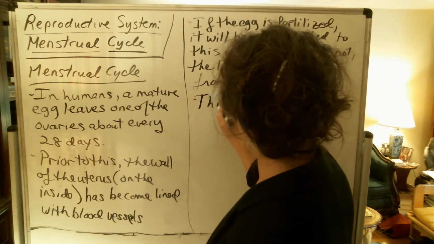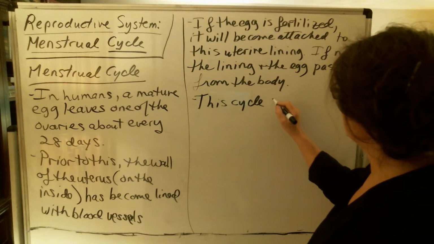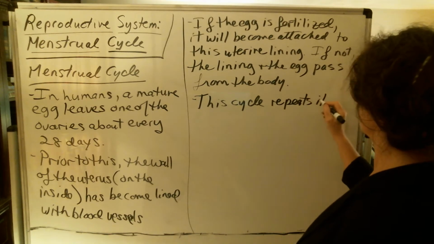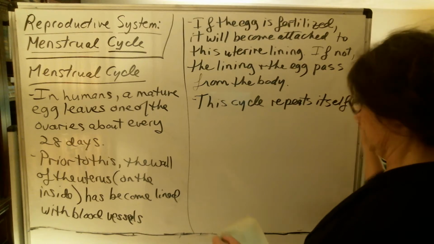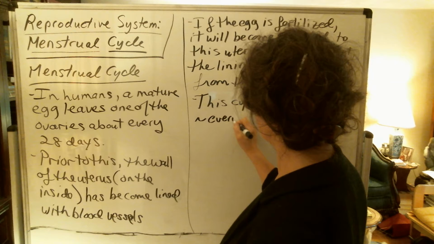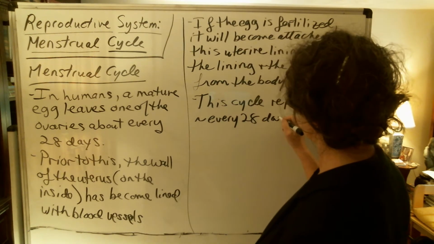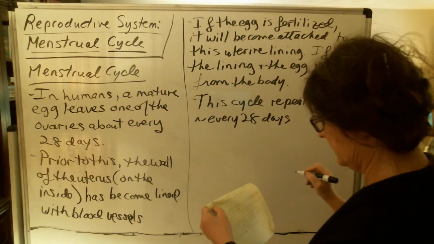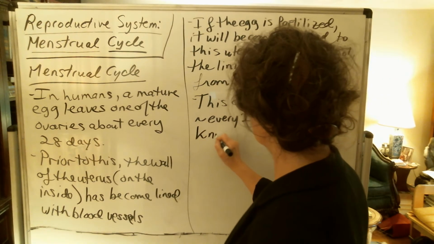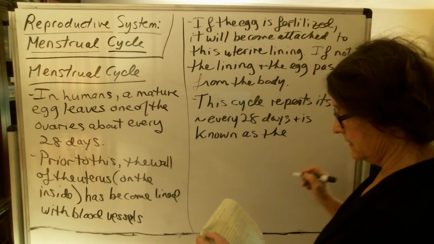And this cycle repeats itself approximately every 28 days, and is known as the menstrual cycle.